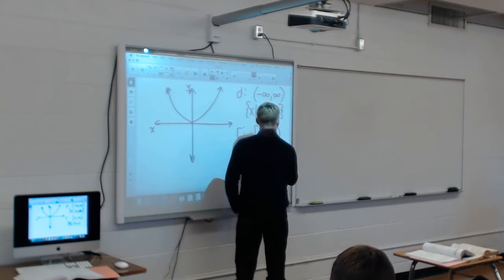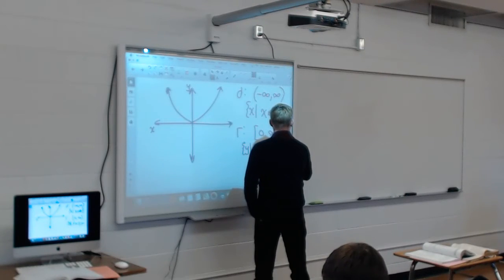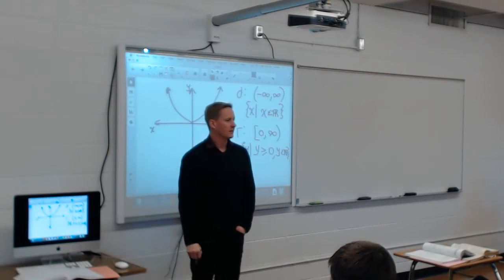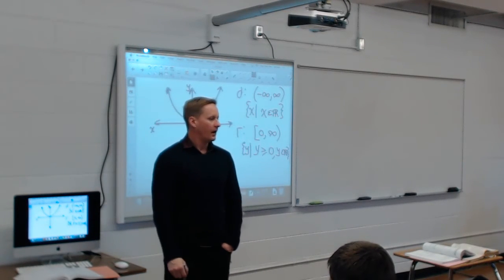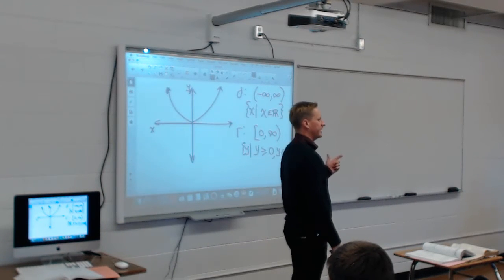Y is greater than or equal to 0, and then y is an element of all reals. There's your range. I've described my domain and my range on this graph.